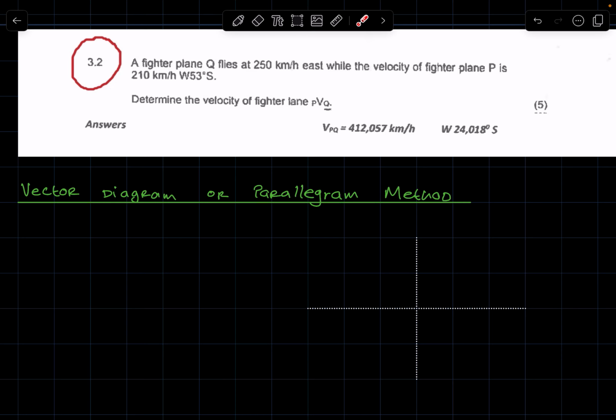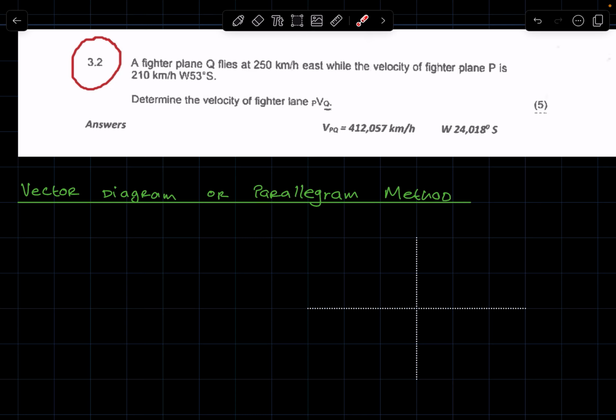Before we get to the question, let us look at the statements. A fighter plane Q flies at 250 kilometers per hour east, while the velocity of fighter plane P is 210 kilometers per hour west, 53 degrees south. Now, the question will tell us which of the two objects that we've been given we are going to take as the object, and which one we are going to take as the frame of reference.